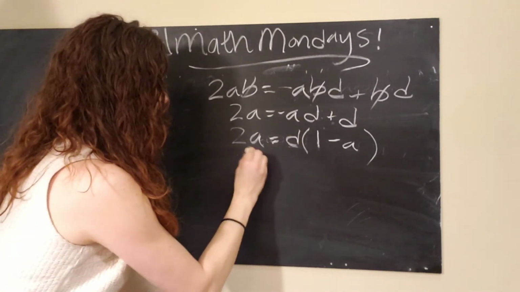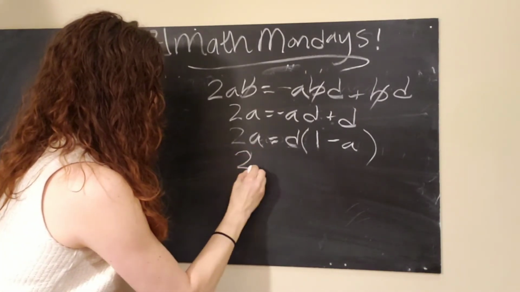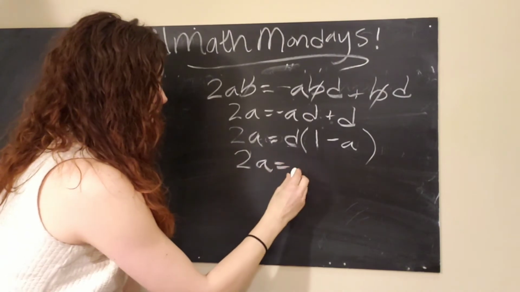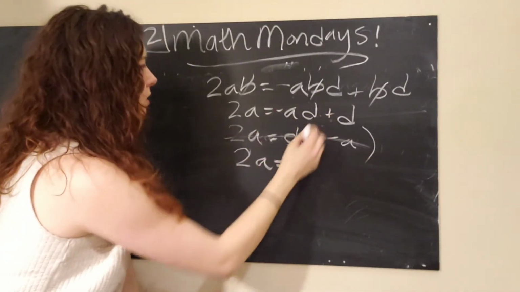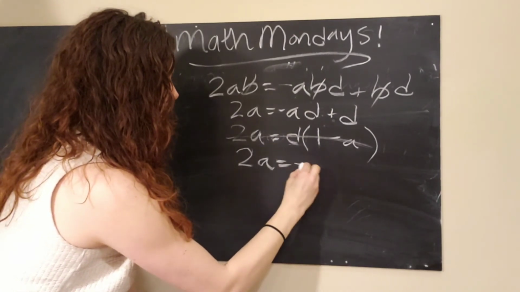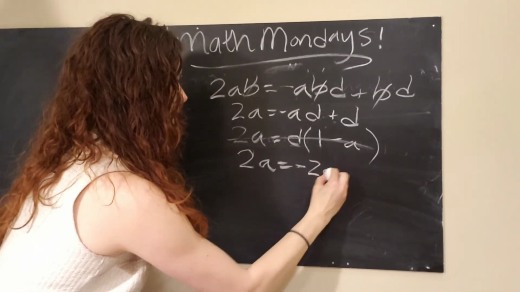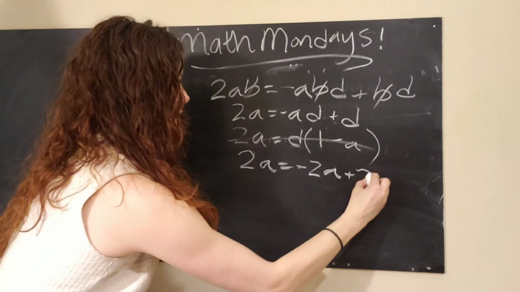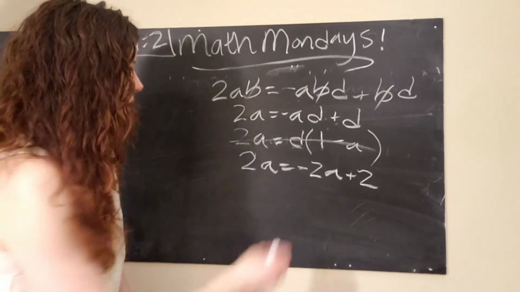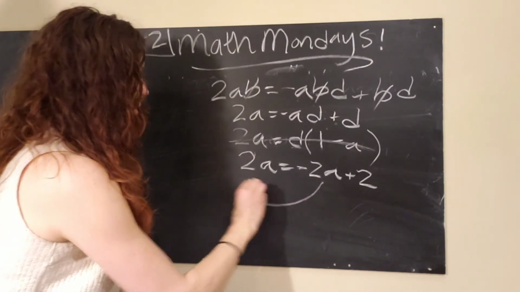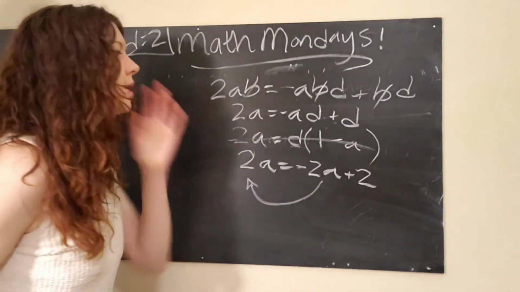Okay, so 2a equals, actually, let's start from here. Negative 2a plus 2.